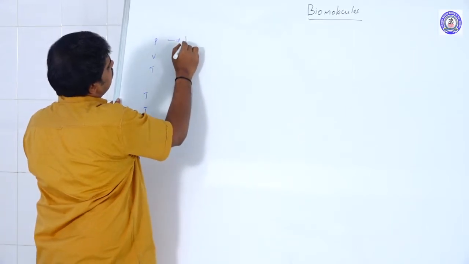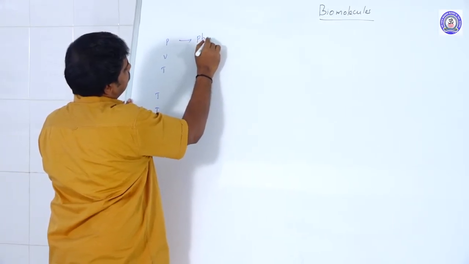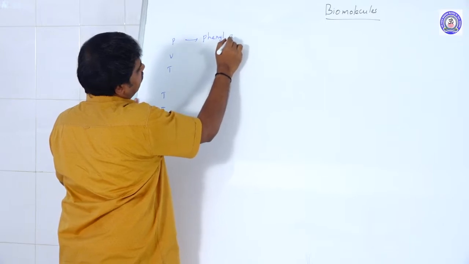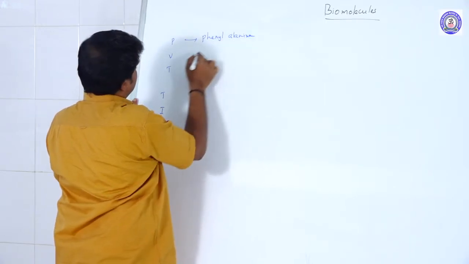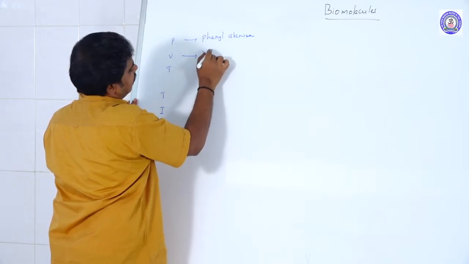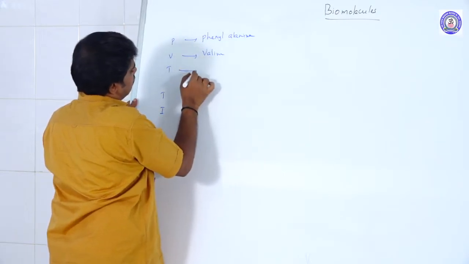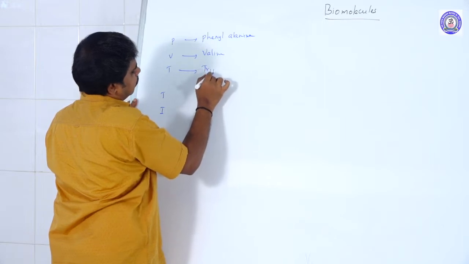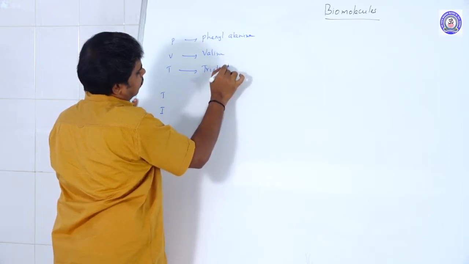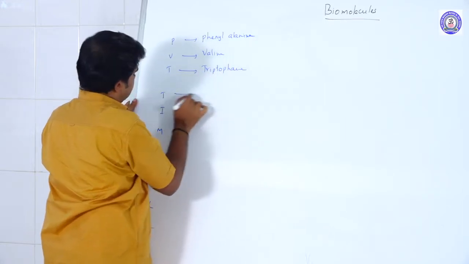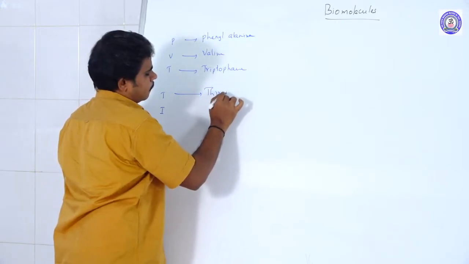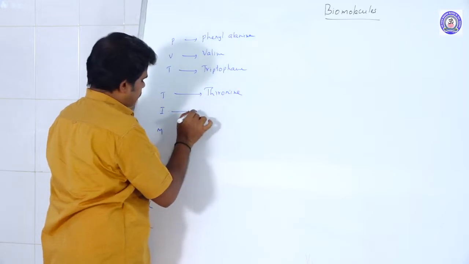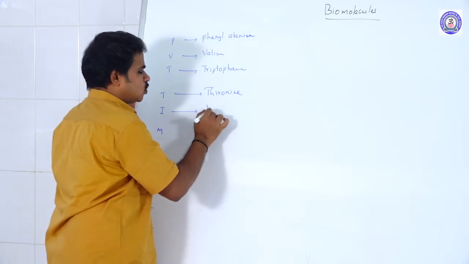It is phenylalanine. Then it is valine. Then it is tryptophan. Then it is threonine. Then it is isoleucine.